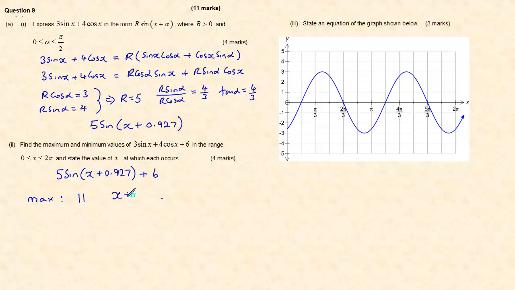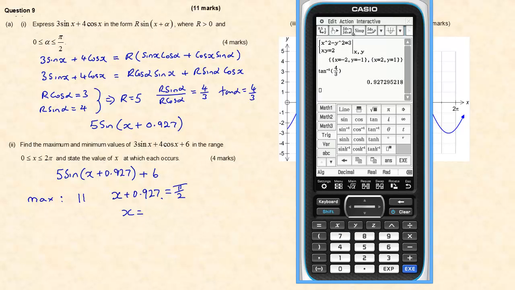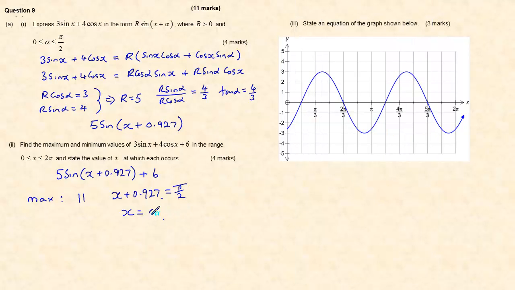So x plus 0.927 needs to be equal to pi by 2. So that would give me that x is pi by 2 take away my last answer. So that's 0.644.